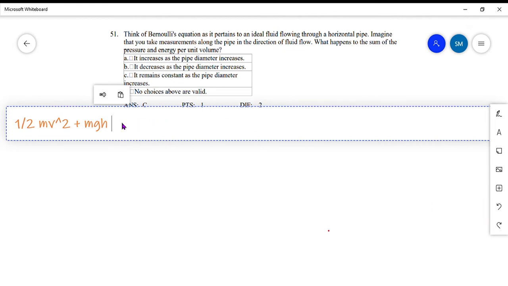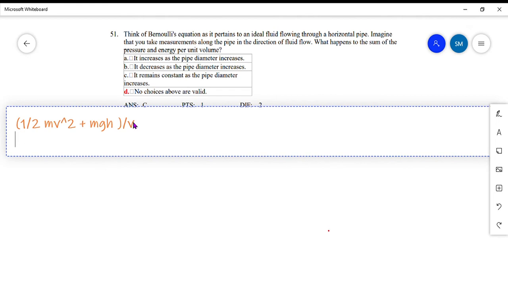So we will divide the whole energy over the volume. Let us take m as a common factor: m times half v square plus gh, all of this over V.